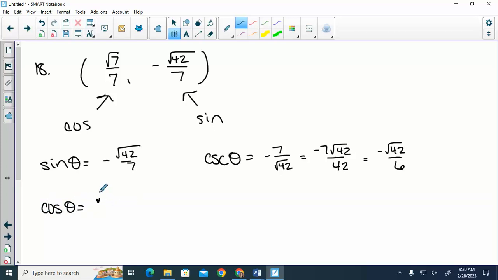Cosine is the x. So reciprocal of cosine is secant. Get your radical off the bottom. You get radical 7.